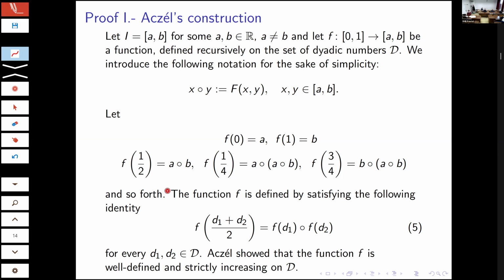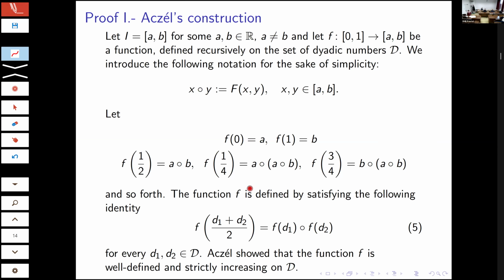And he introduced this notation just to make it much simpler. So f0 in his definition is A, f1 is B, the two endpoints of the interval, and f of 1 half is the composition. For f of 1 fourth, when I compose A, I always take the half of the previous one, and when I take B, then the other.